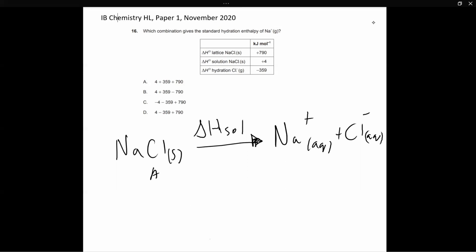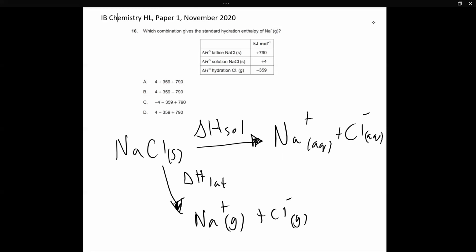So in the context of this, if you go from NaCl solid, if you break it apart into its constituent gaseous ions, this is called lattice enthalpy, as I mentioned before when I was explaining the terms. And then you hydrate these. This is the enthalpy of hydration of the chloride ion and the enthalpy of hydration for the sodium ion.